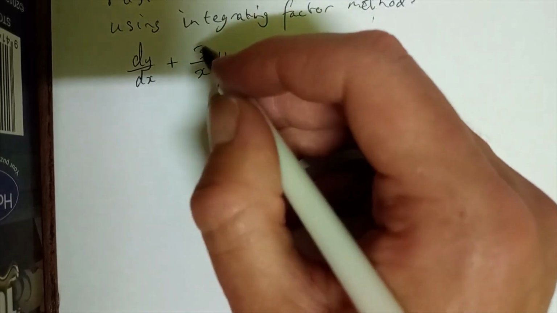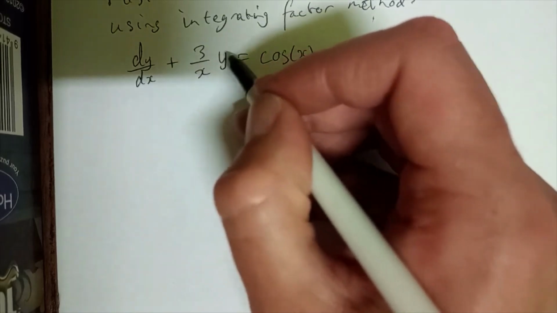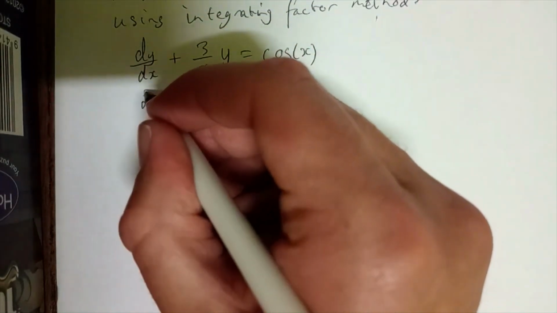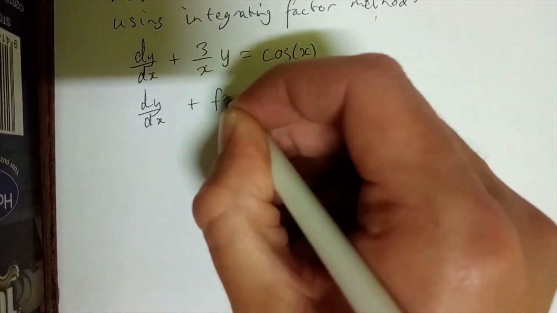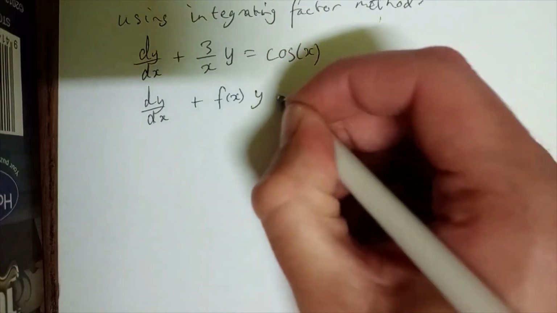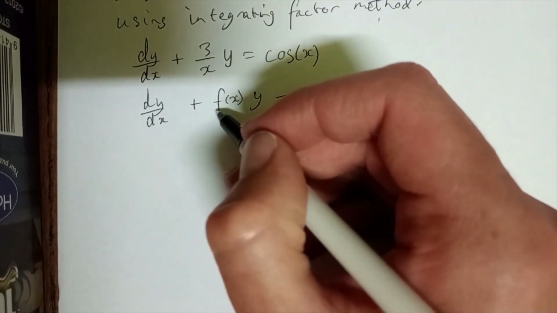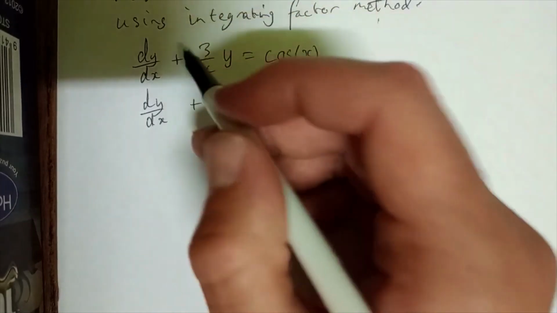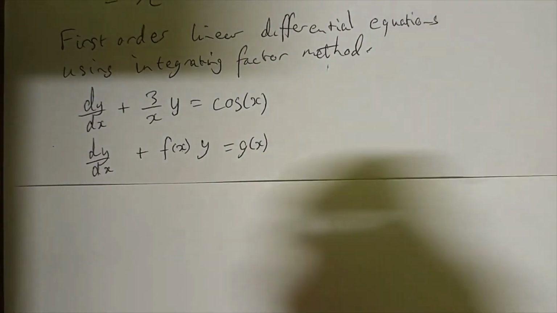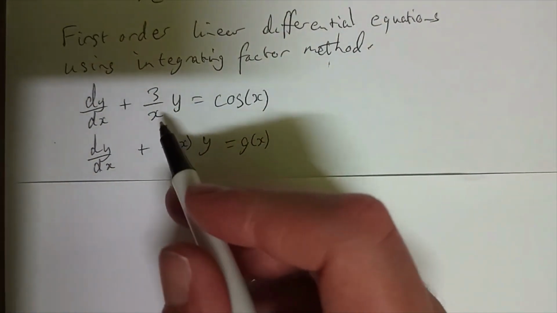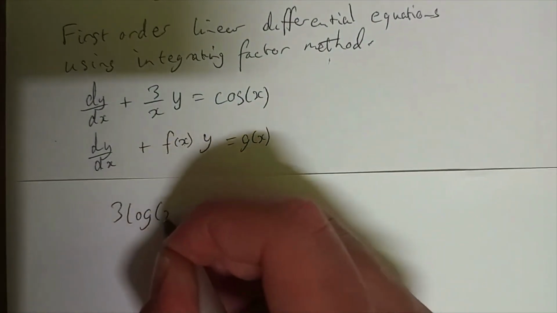If you remember, a first order linear differential equation can be written as dy dx plus f of x times y equals g of x. What we're looking for is an antiderivative of this f of x term. So in this case, an antiderivative of 3 over x, which is 3 times log of x.